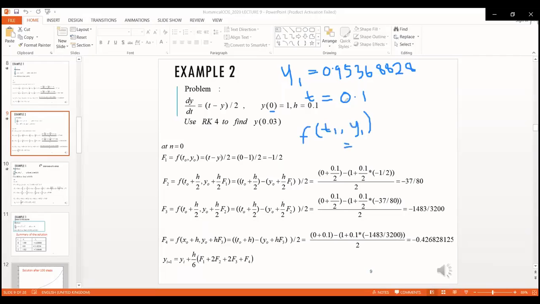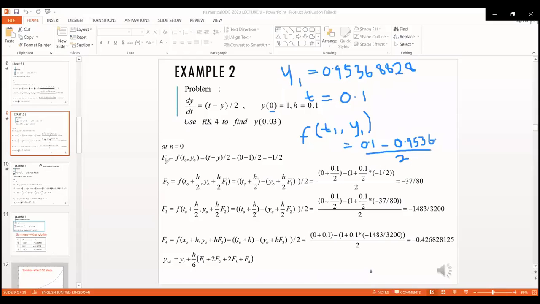T1 is 0.1, minus the value you have here for Y1, which is 0.99536, etc., over 2. That is how you get your F1.